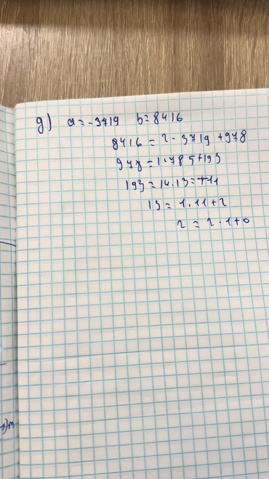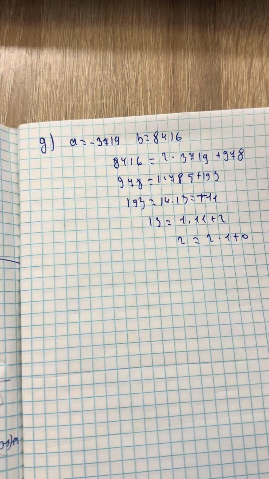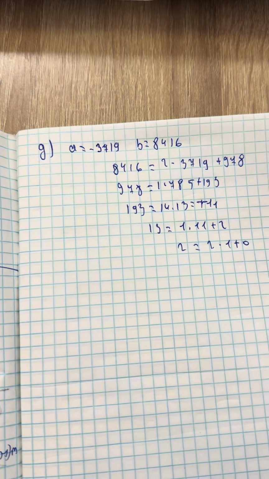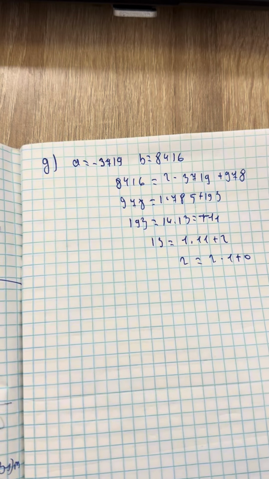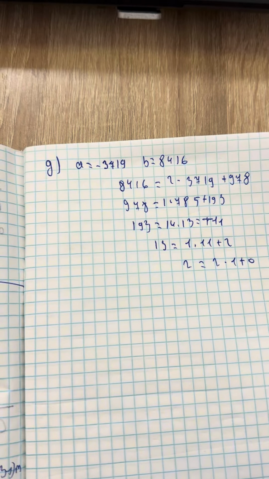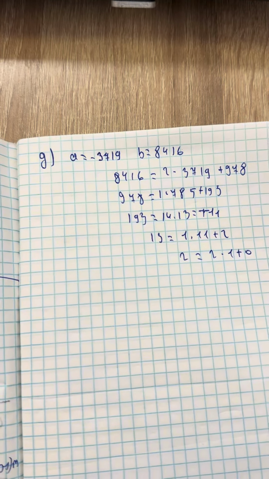We perform the back substitution. It's a bit long, but we carefully replace each remainder until we are left with only 8,416 and 3,719.